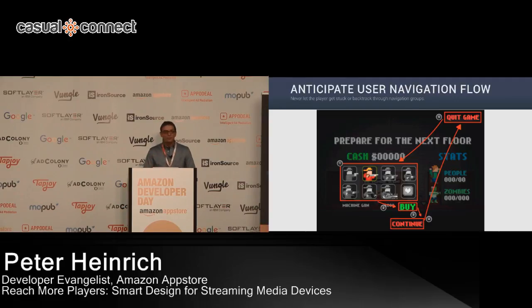Obviously, with touch, or even with a mouse on a PC, this is not an issue because the user can directly click on where they want to go, but this can be a little tricky on a streaming media device where you're talking about D-pad navigation.